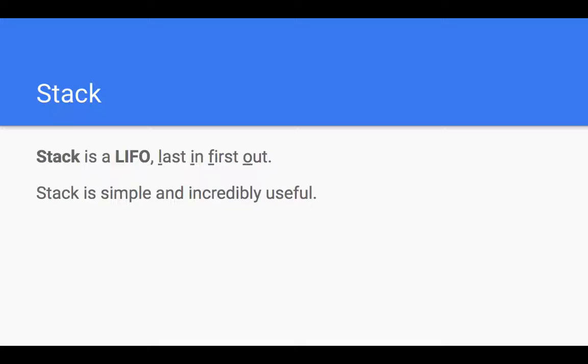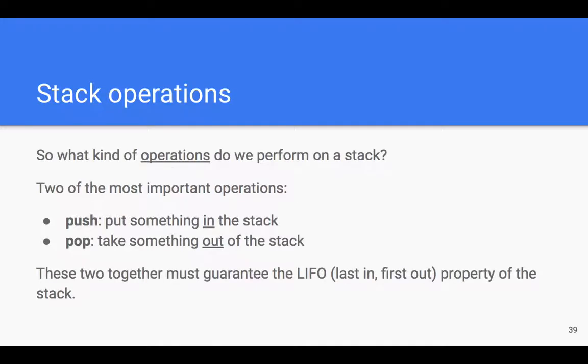So the thing that we put in last is the thing that would come out first. And that's really it. It's really that simple. However, it's incredibly useful. It solves many problems very elegantly, and we'll get to see an example of that in a bit.